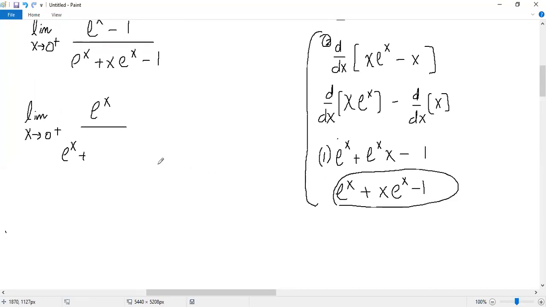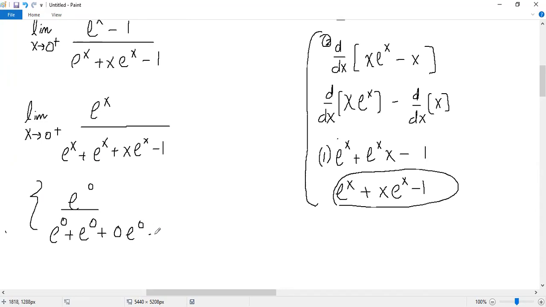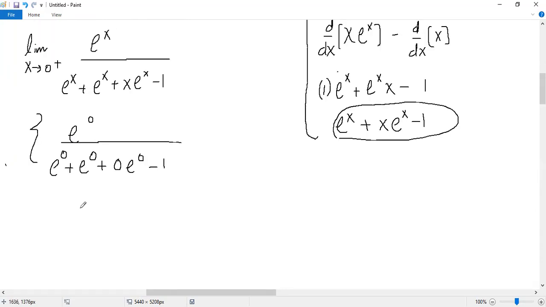So I already know that it's e to the x plus x e to the x minus 1. And if I substitute now, I'll get e to the 0 over e to the 0 plus e to the 0 plus 0 times e to the 0 minus 1, which is just 1 over 1 plus 1 plus 0, which is 1 over 2.